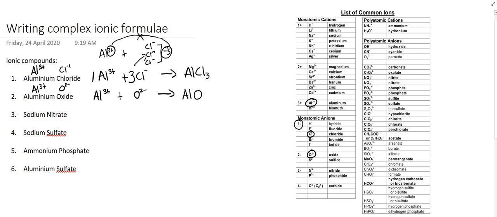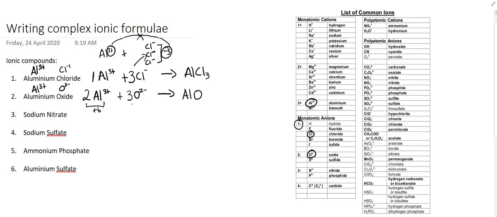So how many times will 3 go into 6? 2 times. So if we put a big 2 out the front, we will have 2 aluminiums, and that gives us a total of plus 6 in terms of the charges, because we've got 2 aluminium atoms, each with a positive 3 charge, so positive 6 charges overall. Now, how many times does 2 go into 6?